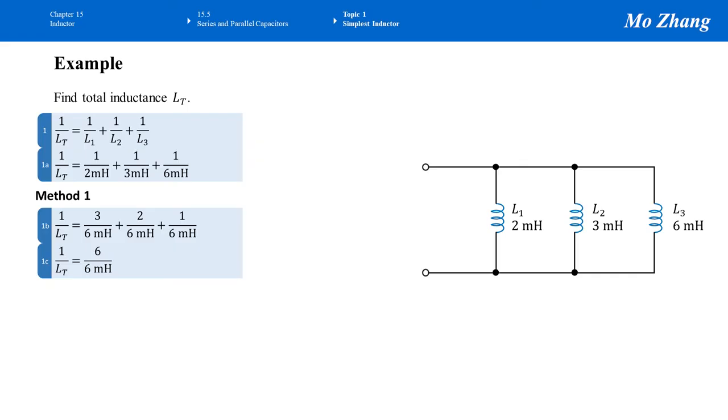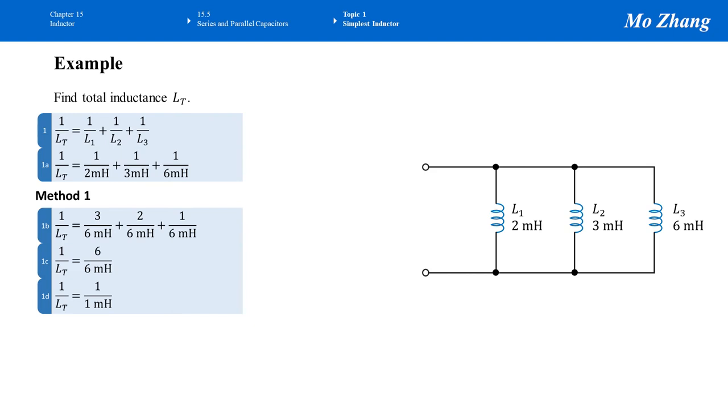And now we combine these three terms. The denominator is 6 millihenry. For the numerator, we just add them up. 3 plus 2 plus 1 equals 6. So 6 over 6 millihenry, that is 1 millihenry.